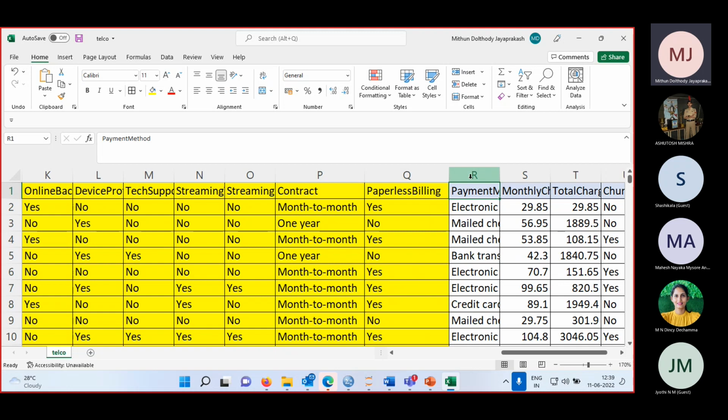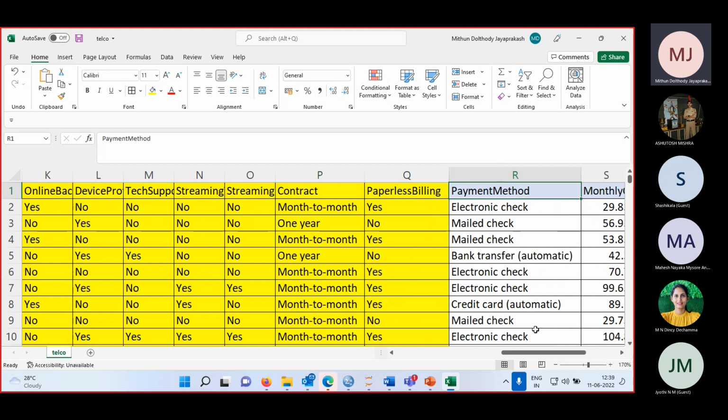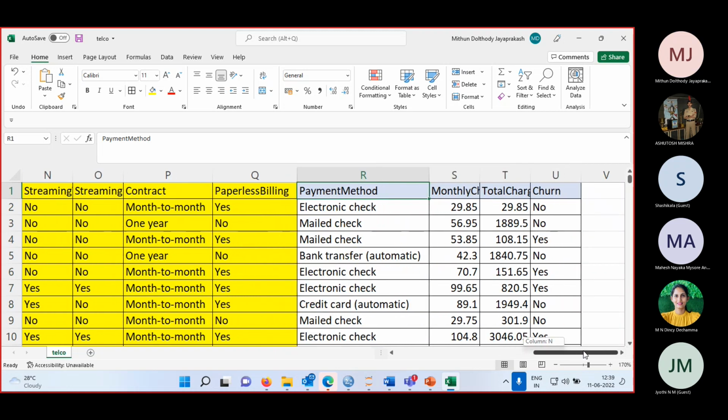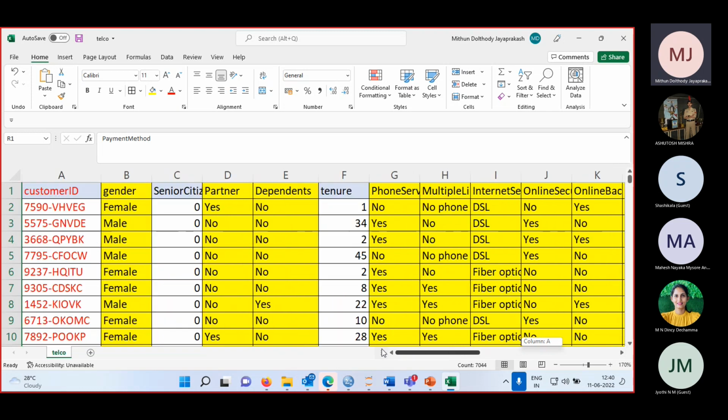Then payment method: somebody is paying through electronic check, others are paying through mailed check, bank transfer, and so on and so forth. All these variables are nothing but your string data. We have quite a few character variables. So many times, how do we handle this? This becomes a question.